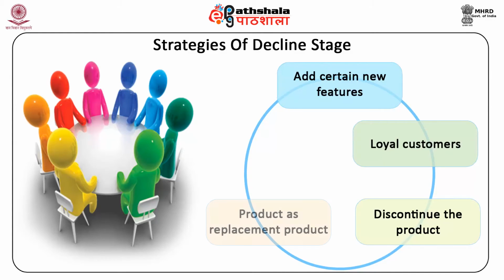Next, use the product as a replacement product for launching another new product successfully in the market. Next, the various marketing decisions in the decline phase will depend on whether the product is being rejuvenated or given a new lease of life, or left unchanged if it is being liquidated. Next, the price may be maintained or reduced drastically if liquidated.